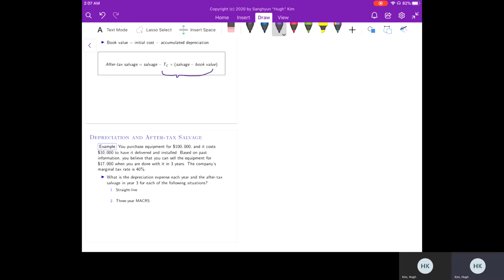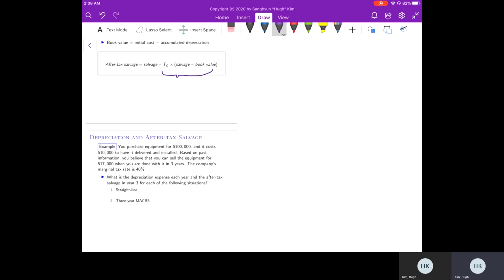Based on past information, you believe that you can sell the equipment for $17,000 when you're done with it in 3 years. The company's marginal tax rate is 40%. What is the depreciation expense each year and the after-tax salvage value in year 3 for each of the following situations?